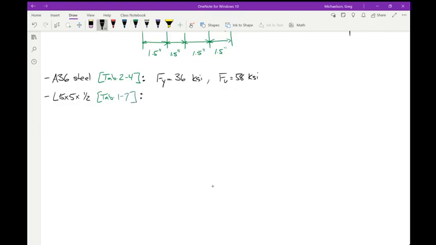We're going to need a gross area for this, and we're going to need a thickness, but we know the thickness. That's just a 1/2 inch. What's the gross area? Okay, 4.79 square inches.